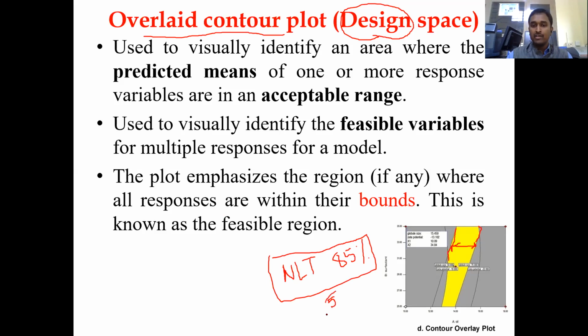Then only can it immediately dissolve and show its action of reducing the headache. At least not less than 85% means 85 and above, 86, 87, even 100 is no problem, but at least the requirement is 85%. And we can say that is an immediate release tablet.